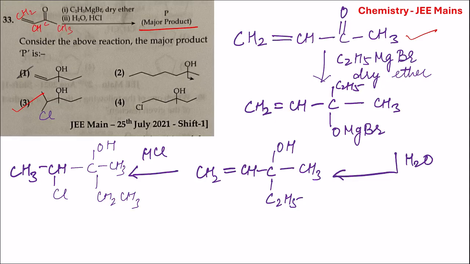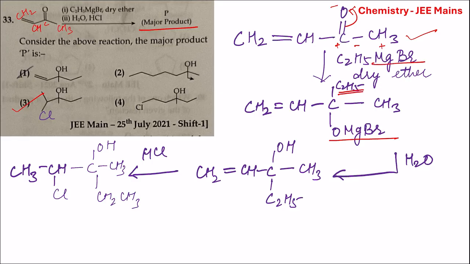Now using C2H5MgBr and dry ether, C2H5Br will break as C2H5 minus and MgBr plus. In the carbonyl group, the pi electrons will shift to oxygen, giving it a negative charge, and carbon will have a positive charge. So the C2H5 group will get attached to carbon and the MgBr group will get attached to oxygen.